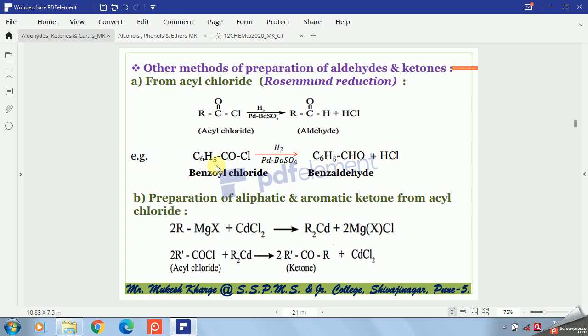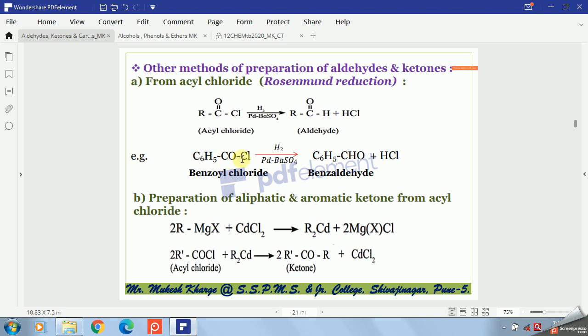So benzoyl chloride, C6H5CO, that group is called benzoyl. It is not phenyl because the CO group is in between the carbon of that ring and Cl, so it is benzoyl. If there is no CO group, and it is C6H5Cl, then it is phenyl chloride or chlorobenzene. Okay, so understand the difference between phenyl chloride and benzoyl chloride.